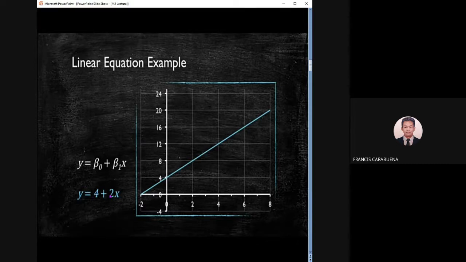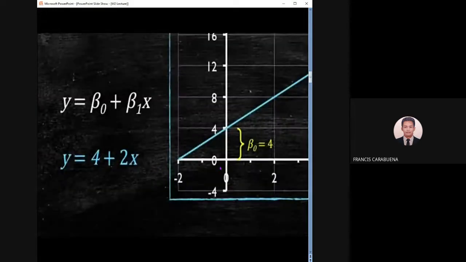Okay, so let's analyze what the 4 means. 4 is the distance from the horizontal axis at which the line crosses the vertical axis. In this case, if x had a value of 0, y equals 4. Here is the 4, and we see that it is crossing the vertical axis 4 units above the horizontal axis.